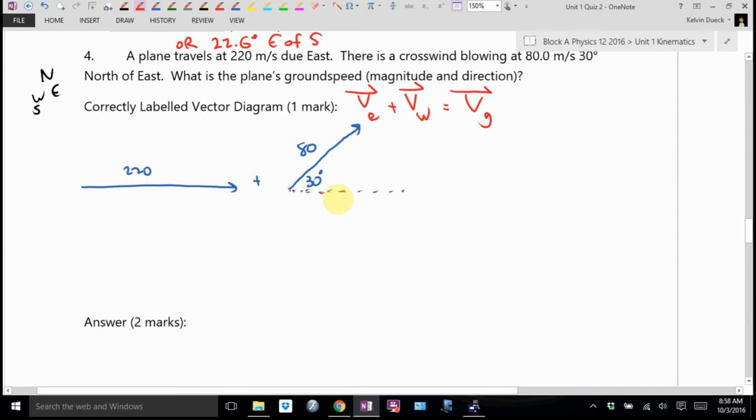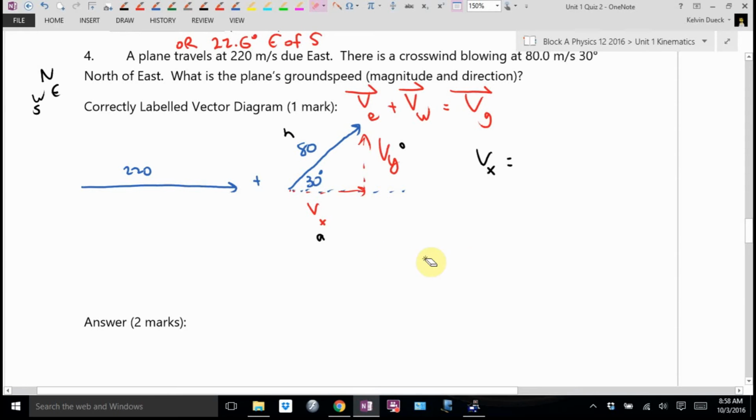We're going to break it up into, it's a velocity, Vx and Vy. Adjacent, hypotenuse, opposite. By the way, your correctly labeled vector diagram, I give you a half mark for that and a half mark for that.